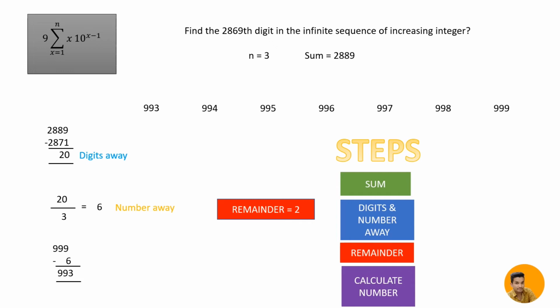That is 10 to the power n minus 1, right? If you put 3, 10 to the power 3 is 1000, and if you subtract 1, you get 999. So that is where our 3-digit range ends. Since you are subtracting here, you would need this. So I would say 10 to the power n minus 1 minus away, which you calculated in the second step.